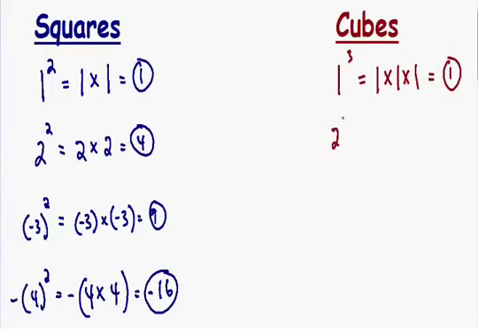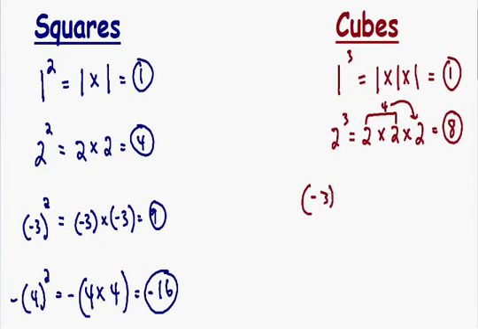Let's say we had 2 cubed. That means we need to multiply the number 2 by itself 3 times. So we have 2 times 2, which is equal to 4. 4 times 2 is equal to 8. So 2 cubed is equal to 8. Let's go over a negative number. Let's say we have negative 3 cubed. That means we need to take the number negative 3 and multiply it by itself 3 times.